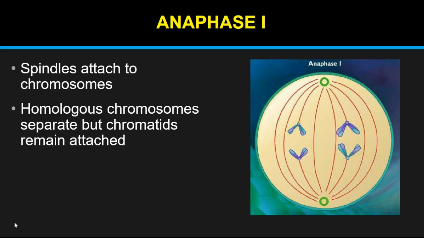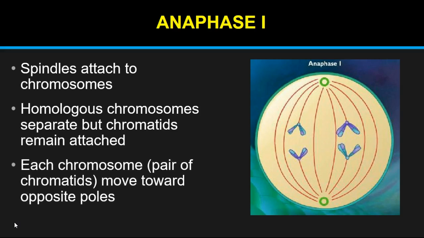The chromosome was separated. But now it's just the pair of chromosomes that is separated. So the full chromosome of the pair moves to each side rather than just the chromatids. So each chromosome, which is a pair of chromatids, moves towards opposite poles.